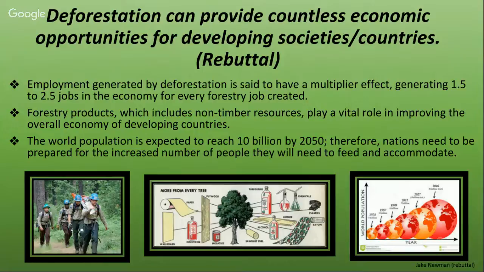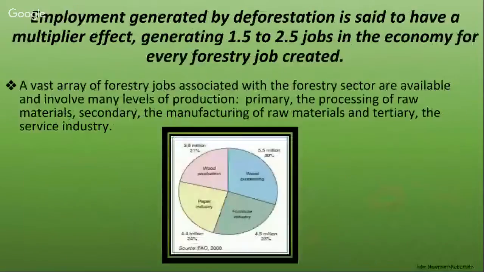And finally, the world population is expected to reach 10 billion by 2050. Therefore, nations need to be prepared for the increased number of people they will need to feed and accommodate. As for my first reason, a vast array of jobs associated with the forestry sector are available and involve many levels of production.